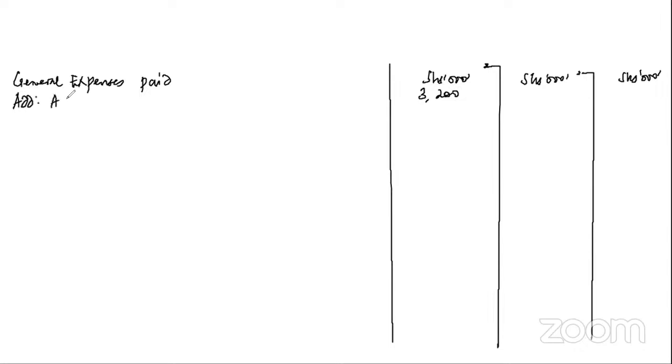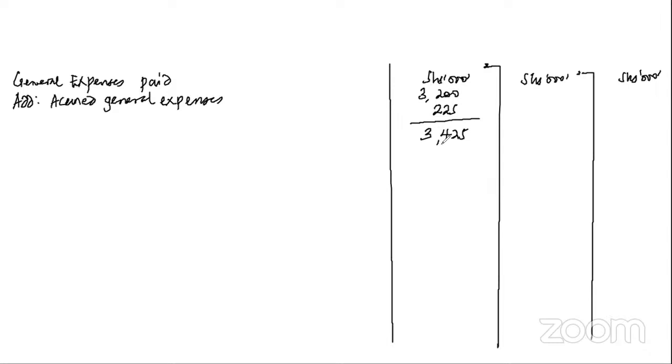So we add accrued general expenses of shillings 225. When you add this, you come up with 3,425.